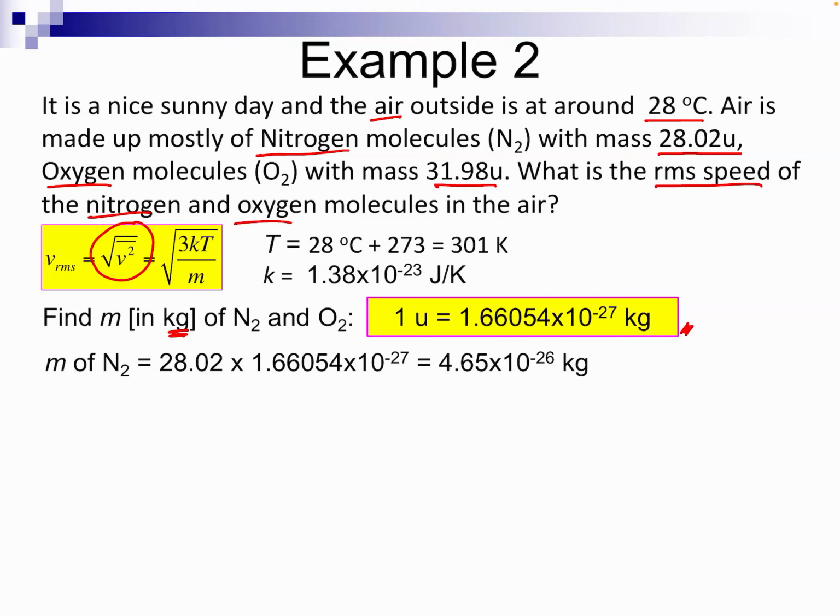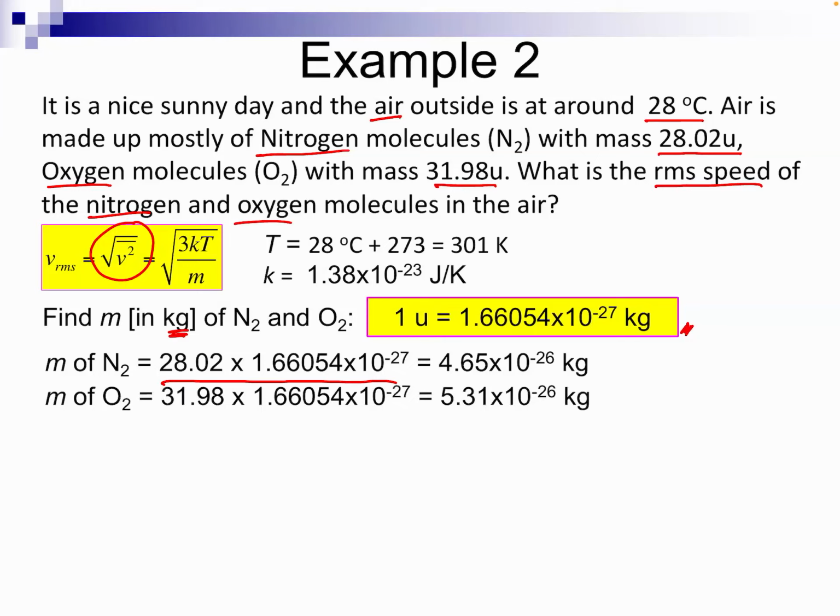Converting 28.02 U to kilograms. 1 U is equal to 1.66 times 10 to the minus 27 kilograms, and hence doing this conversion gives us the mass of nitrogen, 4.65 times 10 to the minus 26 kilograms.